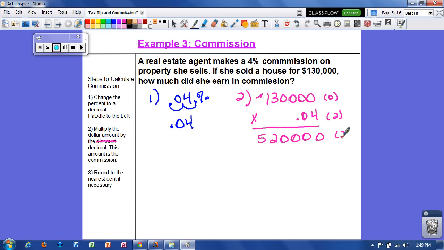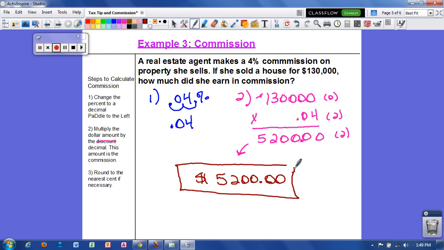So I should have 2 decimal places in my answer, so I hop over 2 places. So the amount of commission would be $5,200. If you ask me, that's a pretty good amount of commission.